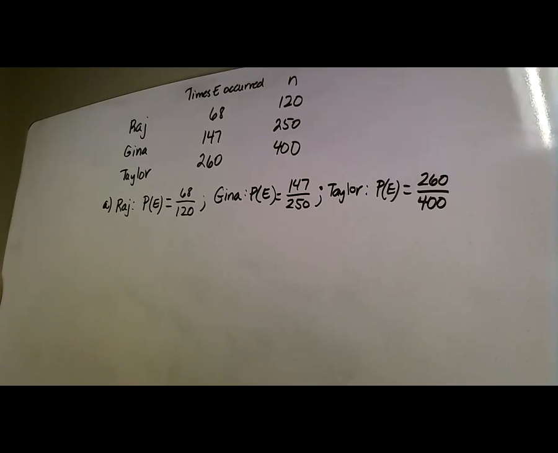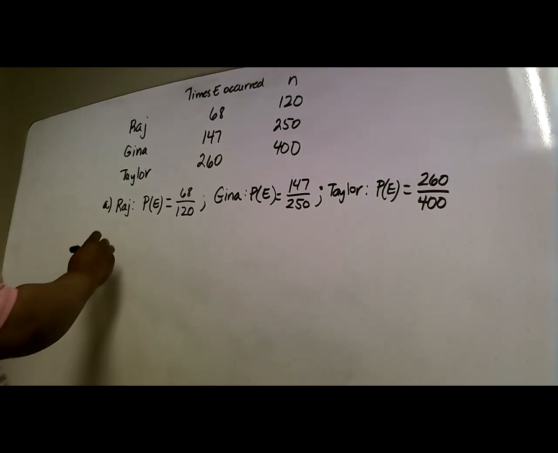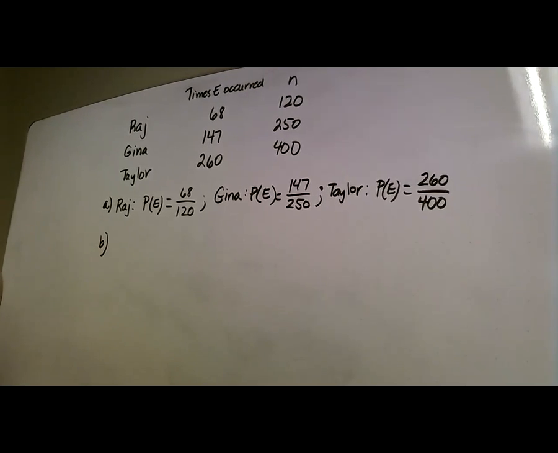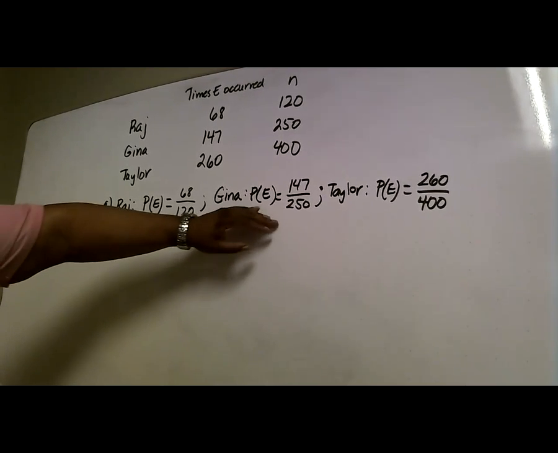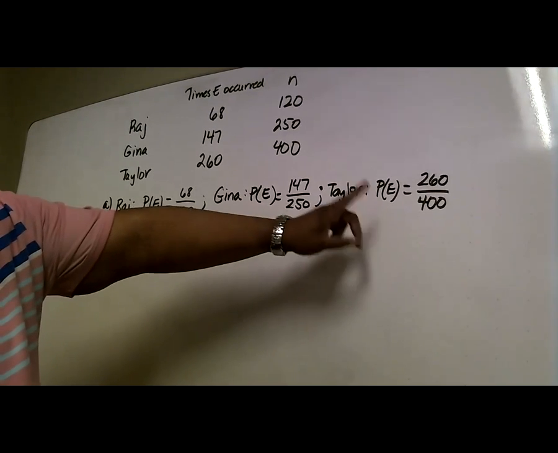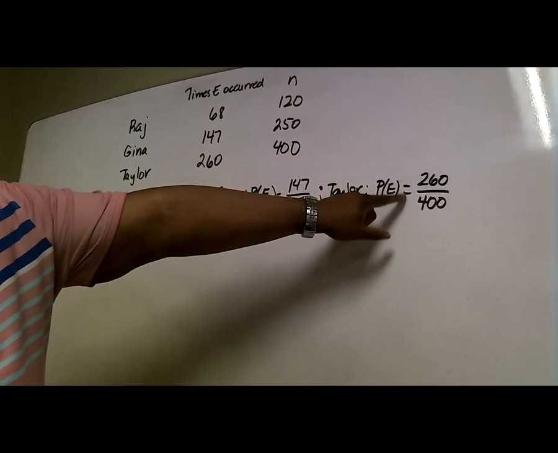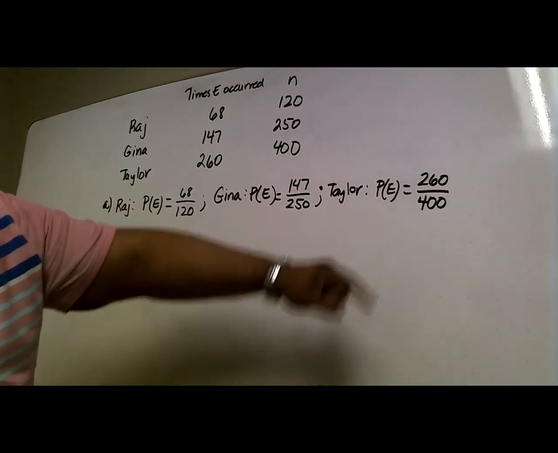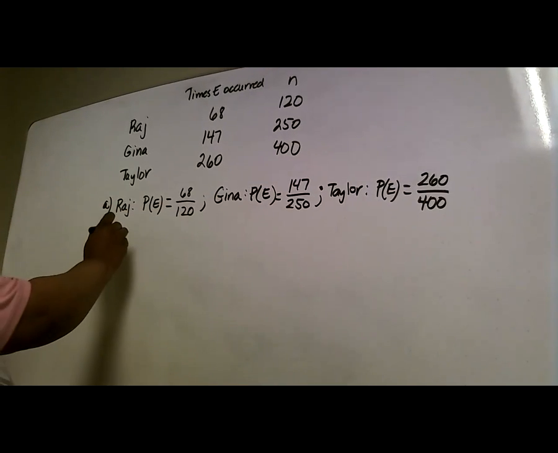Okay, part B. Which experimental probability seems like the best estimate for the probability of E? Which one of these three would be the best estimate? The long-term results are more reliable, and it will be this probability right here, 260 over 400.